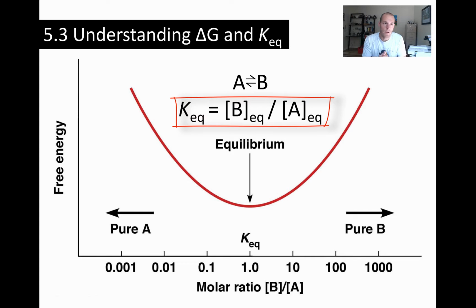So the equilibrium constant is the concentration of the product B at equilibrium divided by the concentration of the substrate A at equilibrium. At equilibrium, the rate of A being converted to B is effectively the same as the rate of B being converted to A. So that's the reaction at equilibrium.